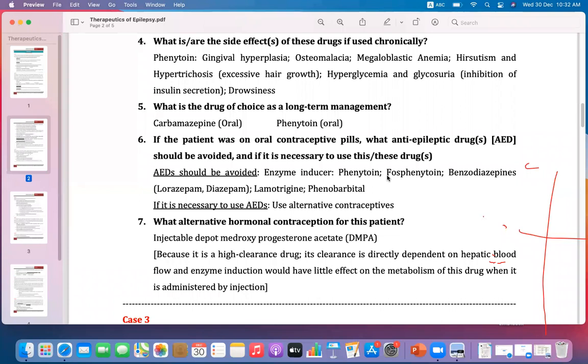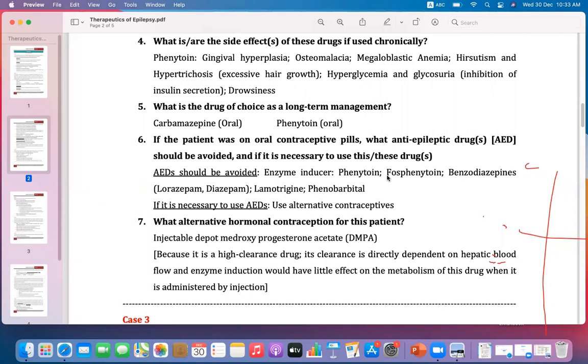And if the effective concentration is not achieved, the drug will not be effective. Here the contraceptive pills are used for the prevention of pregnancy, and maybe the pregnancy is not able to be prevented.